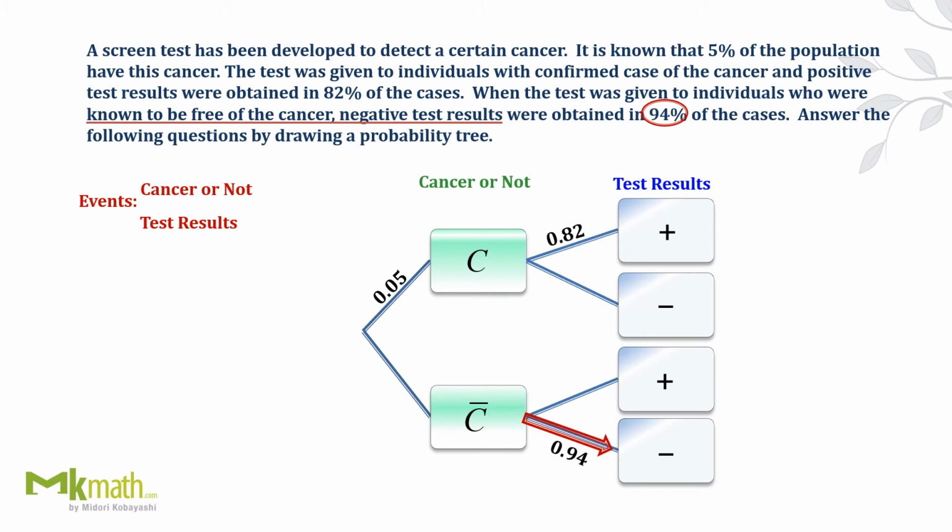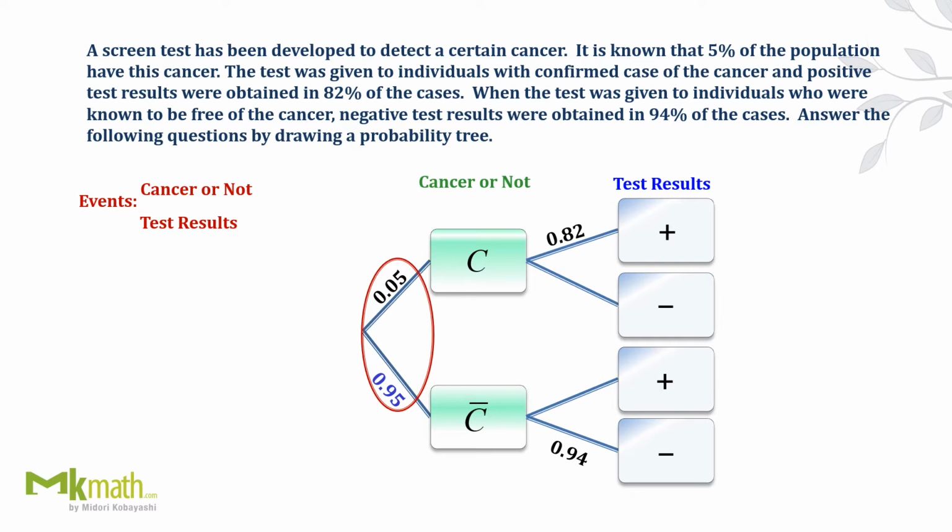Once we place the given three probability values on the proper branches, fill in the other values on the remaining three branches. Since the sum of the probabilities for any set of branches is always 1, the probability of no cancer cases must be 95% or 0.95.